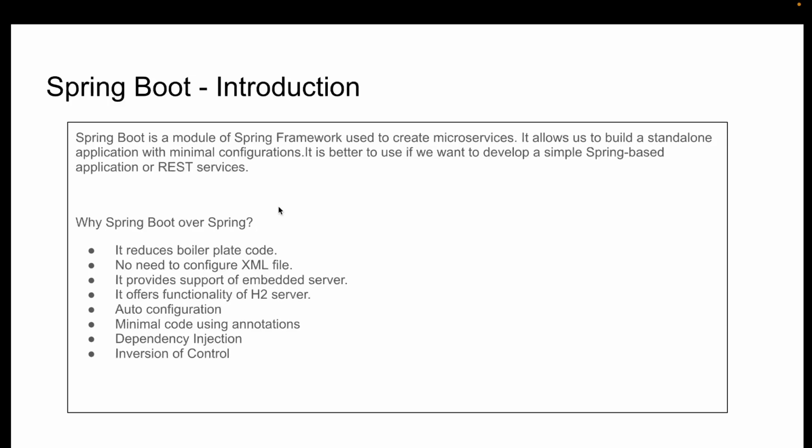So Spring Boot basically reduces boilerplate code. Spring Boot helps you to reduce a lot of the redundant code that we used to write in Spring Framework or in Spring MVC. There were a lot of configurations or a lot of redundant code that we used to write in the earlier Spring frameworks.